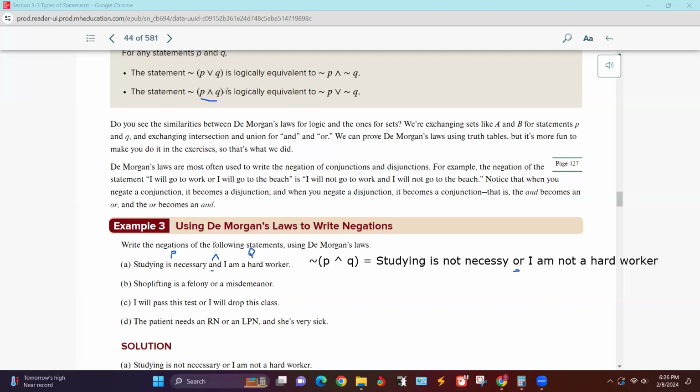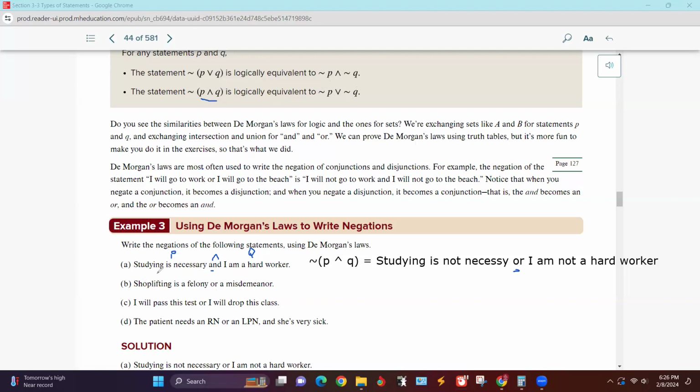Just like up here, when you negate that whole thing, the P and Q, that's why the parentheses are there. Then you negate each piece separately, you turn the and to an or. And then the same thing happens when you start out with the or. You negate each piece and you turn the or to an and.